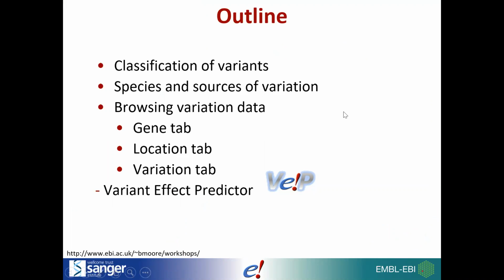Okay, now we talked about the classification by size, but here we'll also talk about classification of variants based on the effect, and we look at where Ensembl variation data comes from, and then check the kind of things we have in Ensembl for browsing the variation data.